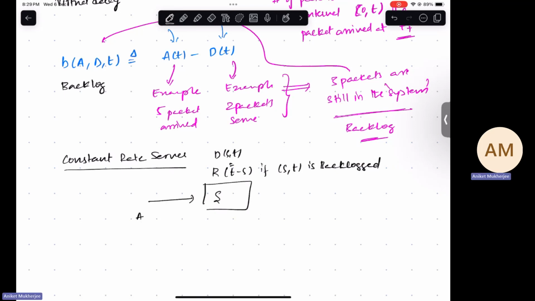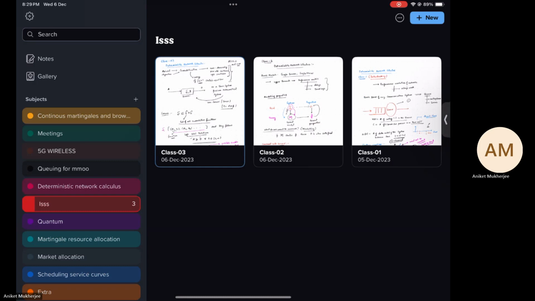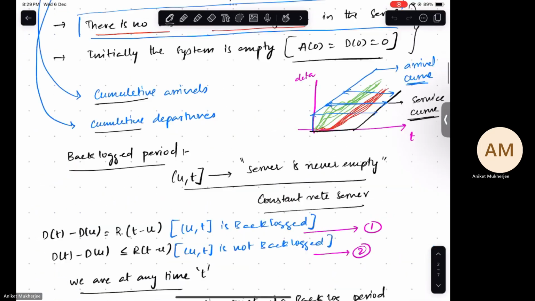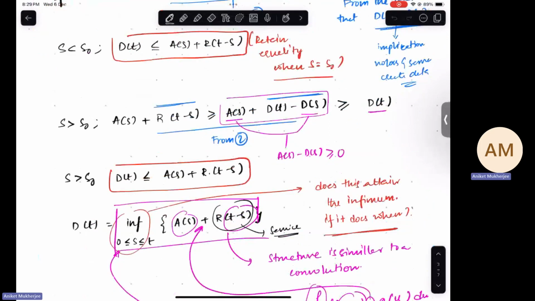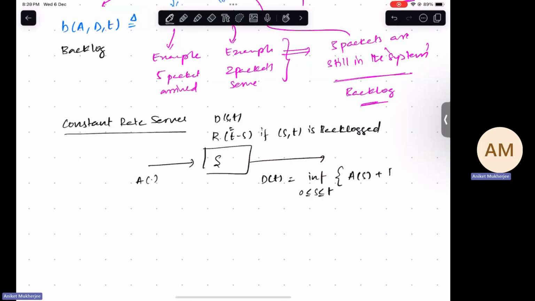You have some variable cumulative function A. Then what we found out was D(t) is equal to inf over s of A(s) plus R(t minus s), right? A(s) plus R times (t minus s). Basically, we found out this.